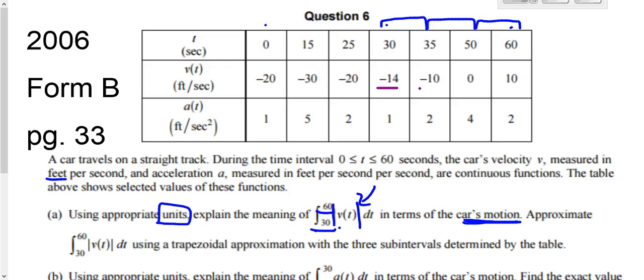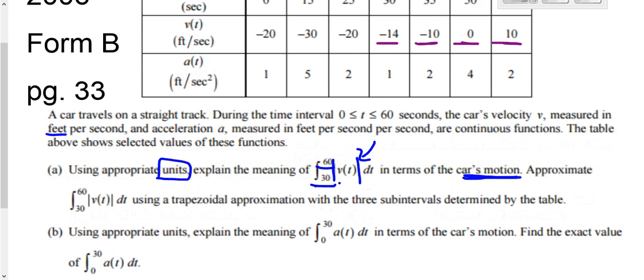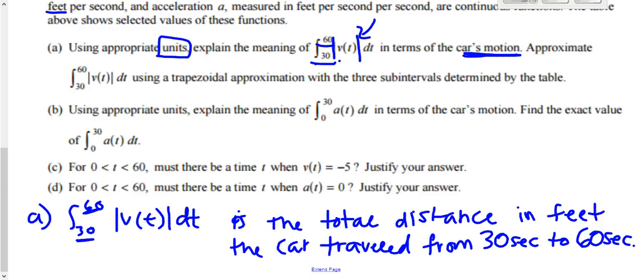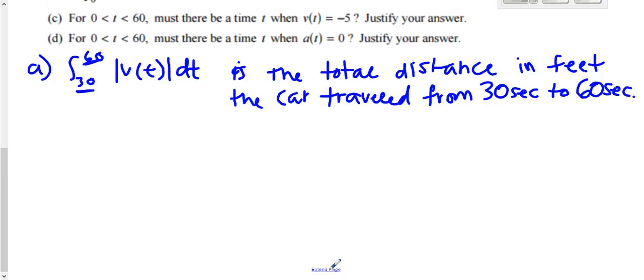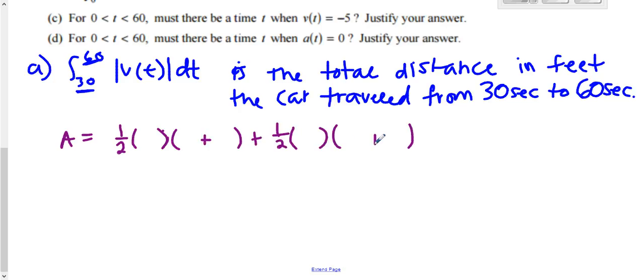So when we write our trapezoidal sum, our area is going to be 1/2, times the height, times base 1 plus base 2, for each of the 3 subintervals.